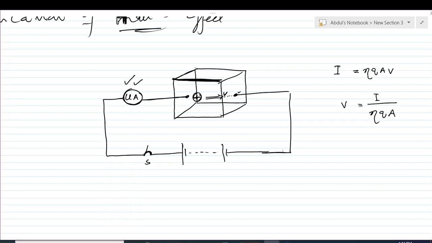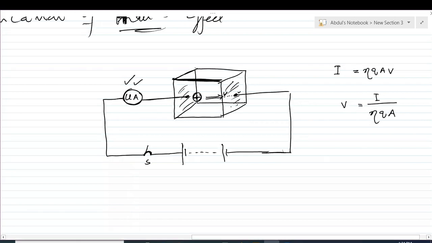A is the area of the face through which the current is entering, meaning this area. And Q is the charge of the particle which is flowing. And n is the number density of the electrons, meaning the number of charge carriers per unit volume.